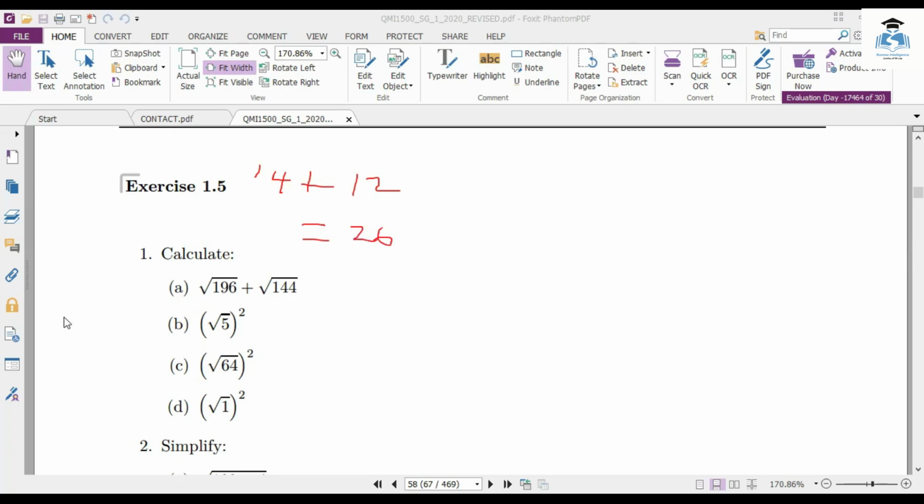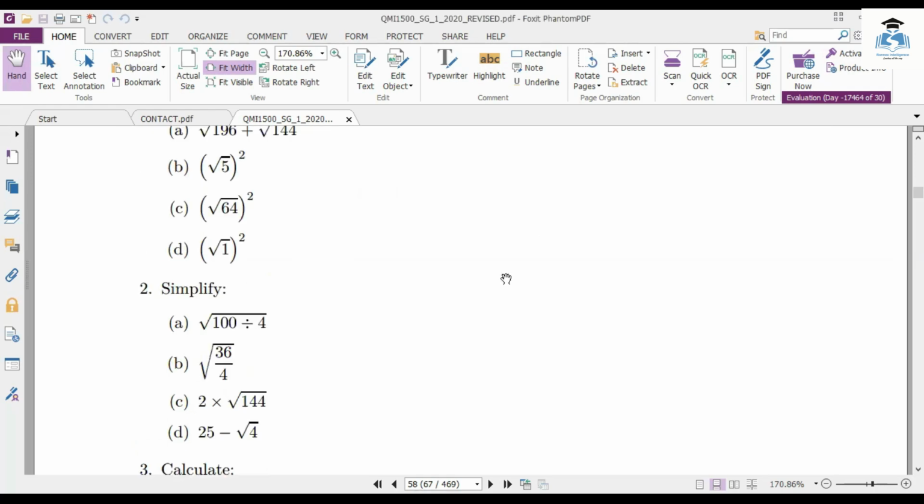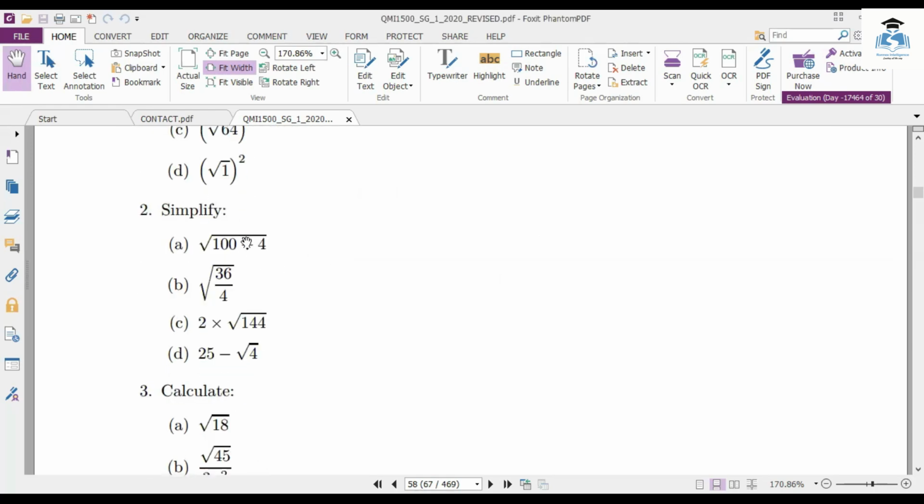This one you divide first. Remember, this is the same as 100 divided by 4.